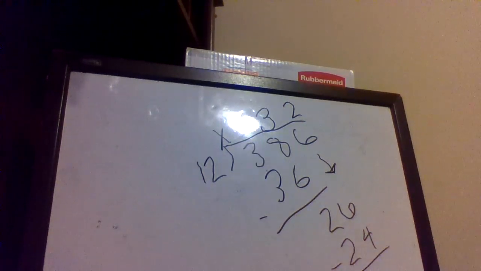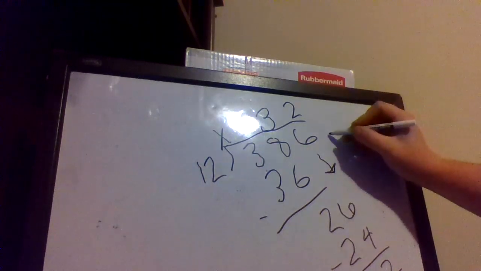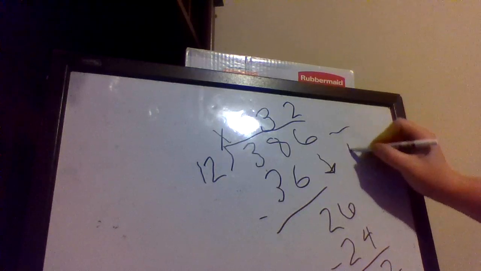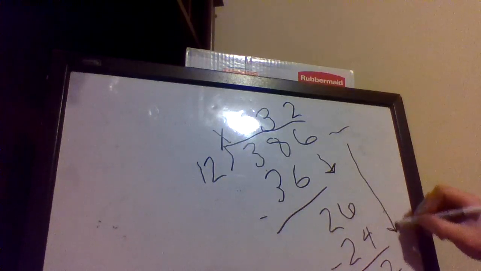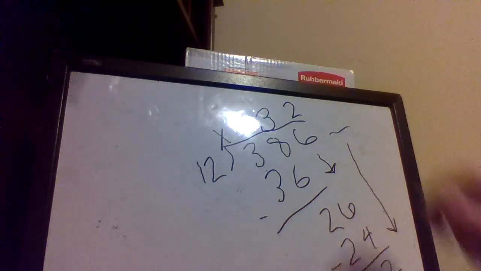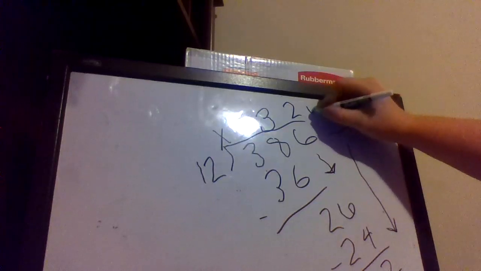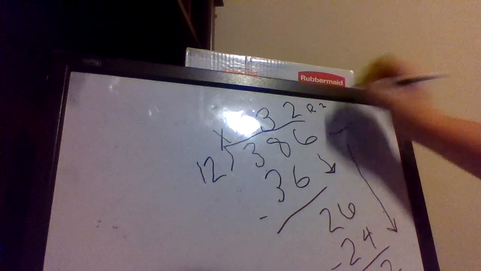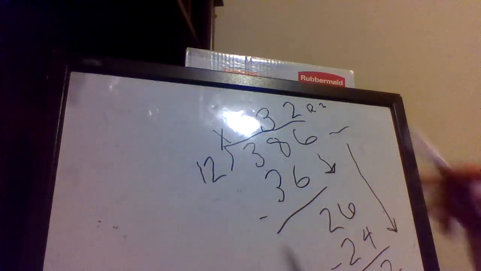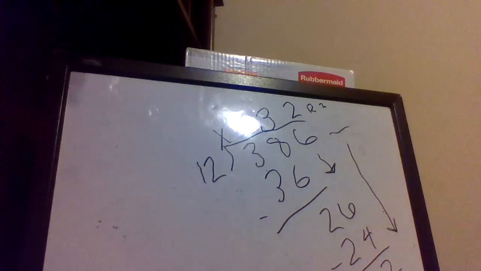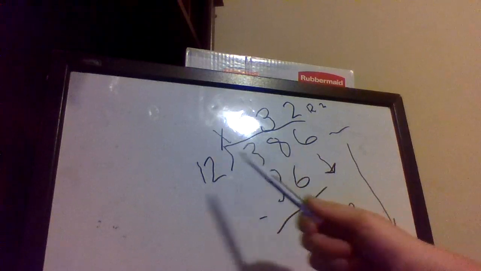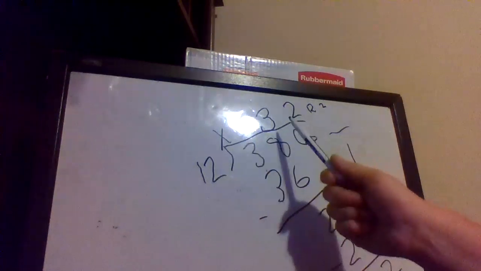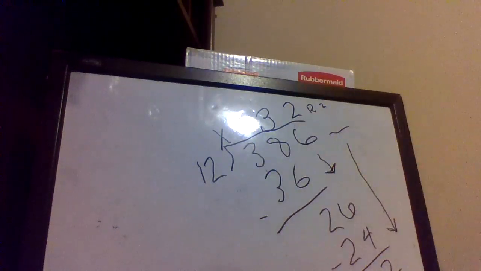And 26 minus 24 is 2. Now we know we're finished because there's no more numbers here to bring down. So we put an R for remainder 2. And that's our final answer. So the way we read this is 386 divided by 12 is 32 remainder 2.